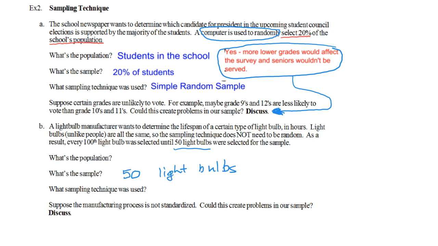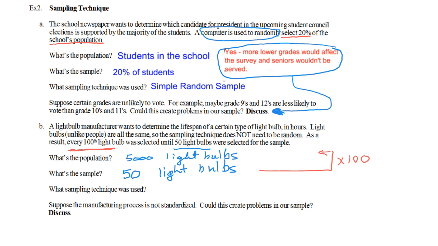So we literally pick 50 light bulbs, and that is our sample. That is the subset of the bigger set. Now, to get to the bigger set, we've got to times it by 100, because we do this for every 100th light bulb. So that means we have 50 times 100, which means there are 5,000 light bulbs in our big population.